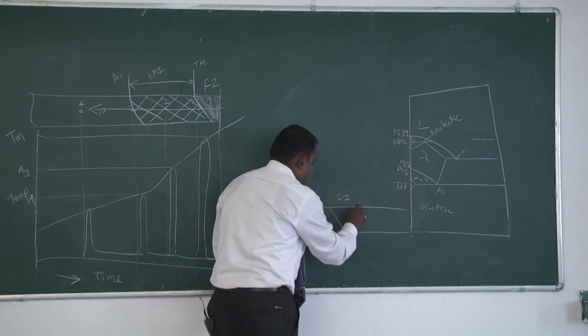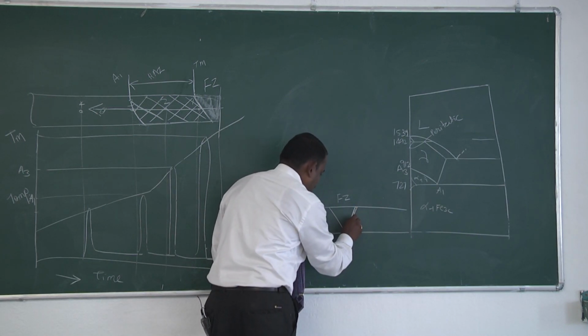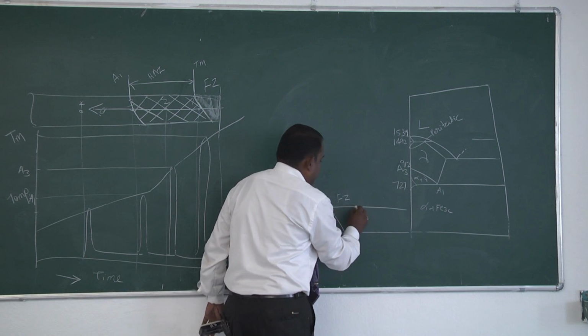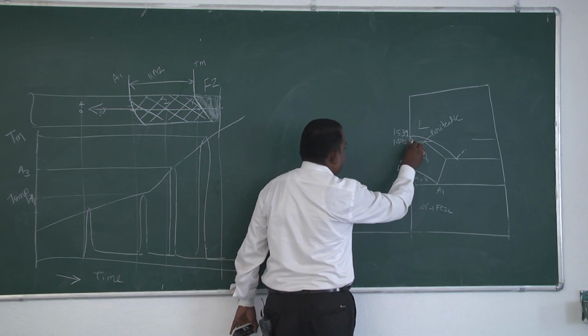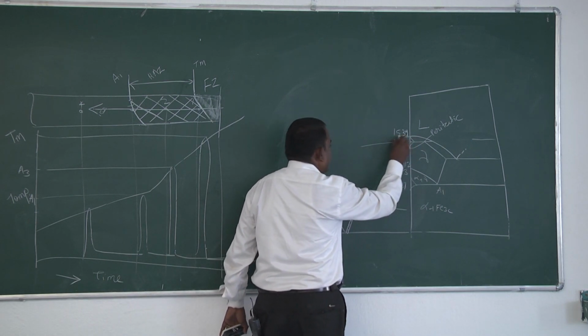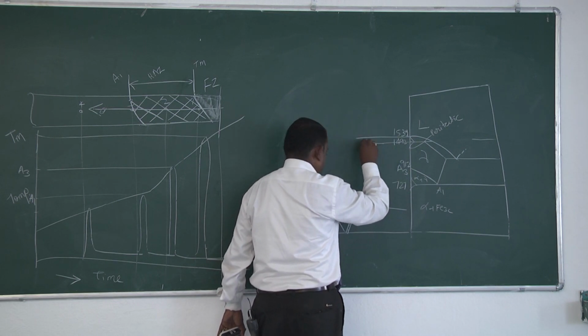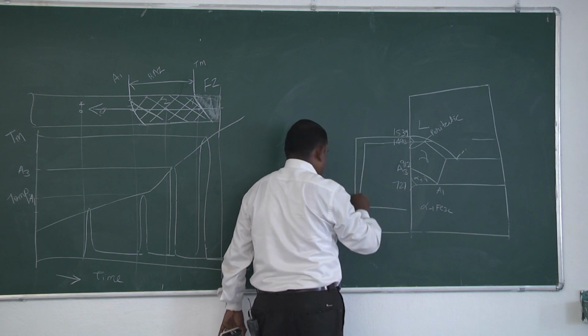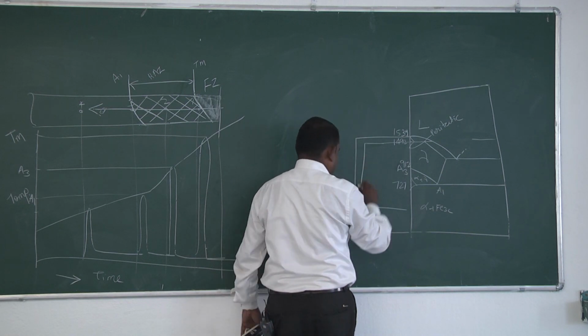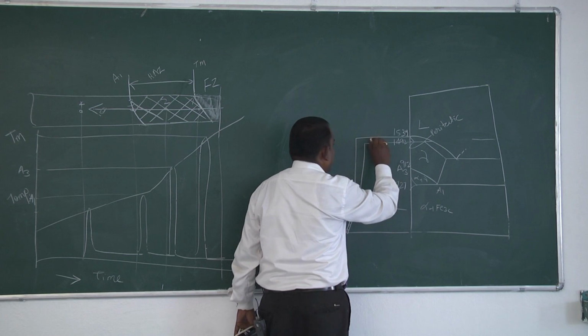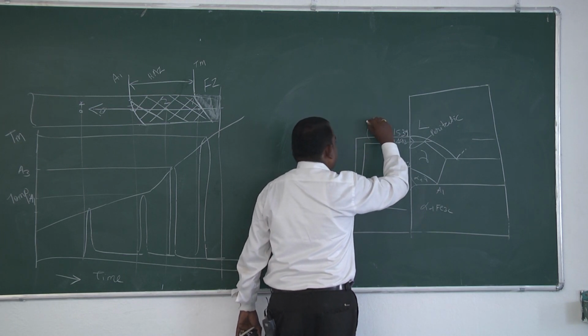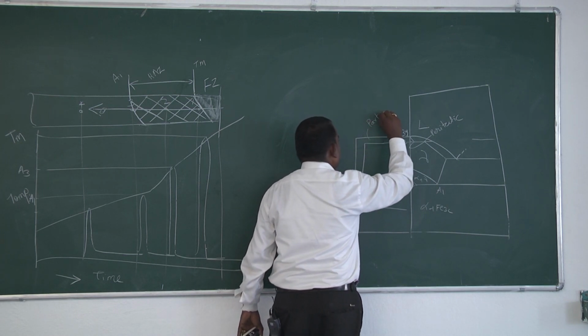In the temperature range above peritectic temperature and below liquidus temperature, this region will have a partially melting zone.